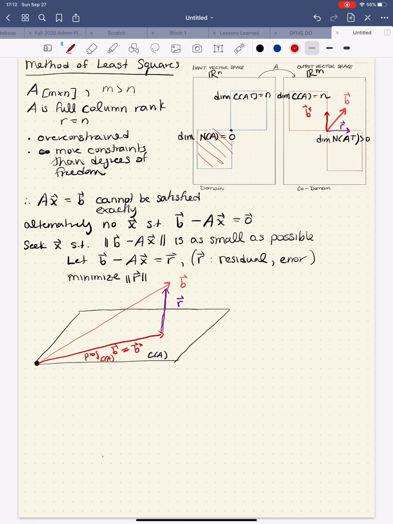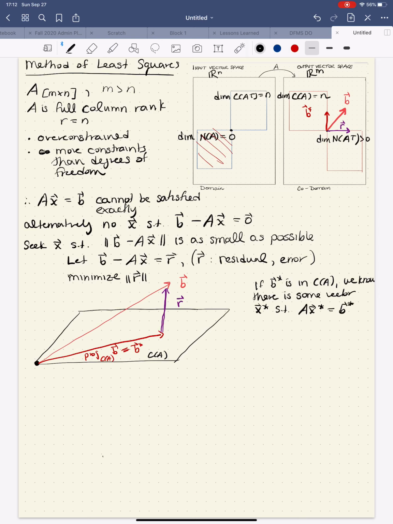Okay, so we know a couple things now. So if b star is in the column space of A, we know there is some vector x star such that Ax star equals b star.